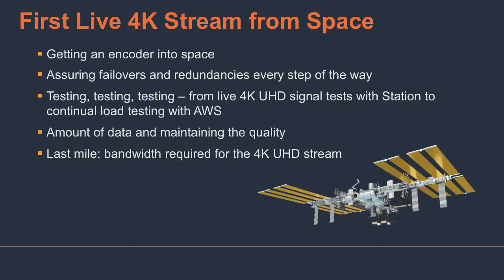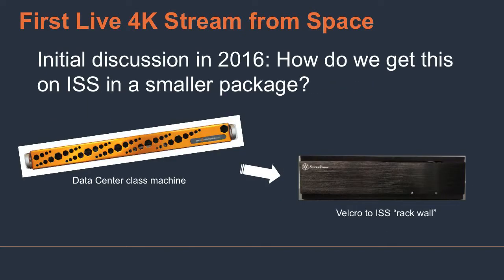And this was the first time at that point that we had done 4K from space. So were these connections, pipelines and encoding instances going to work the way we predicted, which thankfully they did.